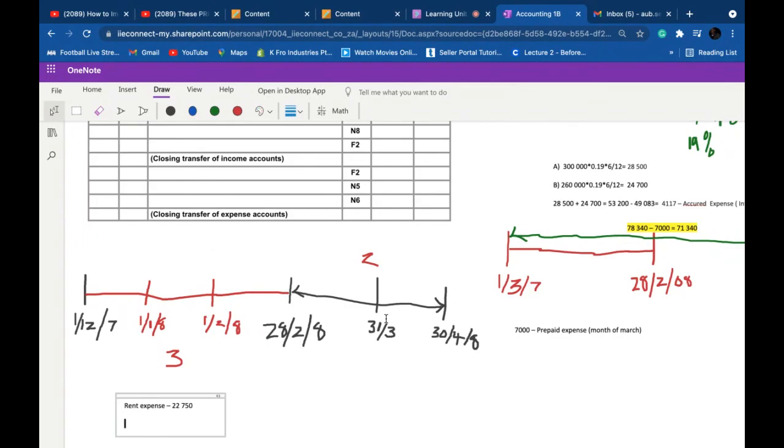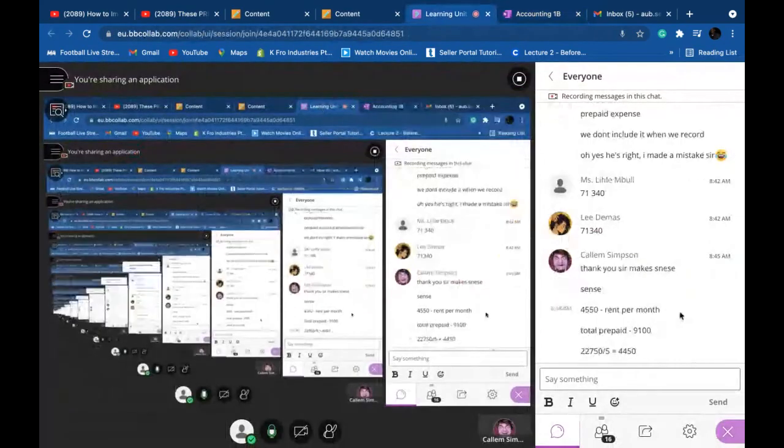So then we say to ourselves, how much was the rent monthly? How do we get that? I see what you guys are saying in the chat. Yes, 100%. We know that the total rent that was received was 22,750. We know that he is paying for a total of 5 months.